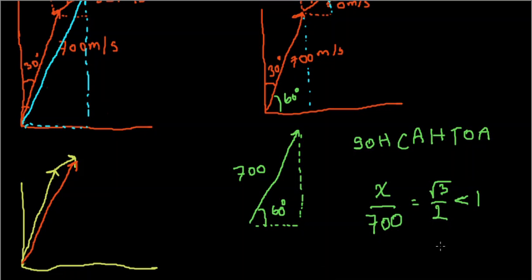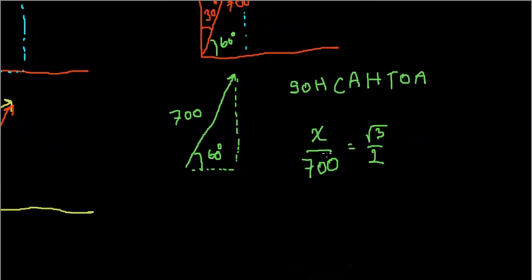Alright, welcome back. So how we solve this, let me erase this less than 1 here. We solve for x, we multiply this entire thing by 700. So x is equal to 700 times the square root of 3 divided by 2.